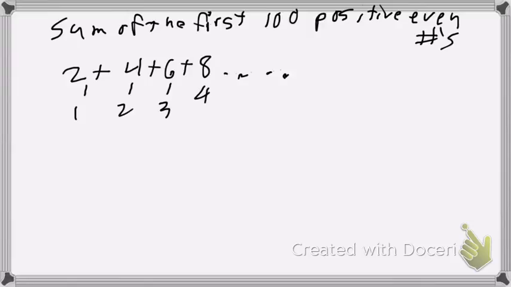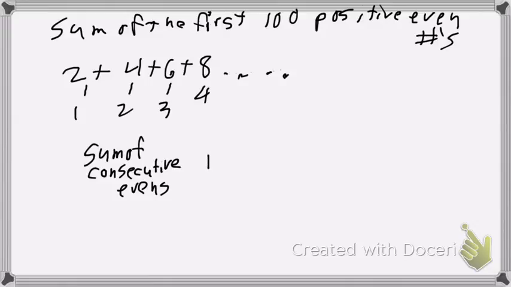So how do we figure out what the 100th one is? Well, at the beginning of class, when we were going through this, we realized that the sum of consecutive evens looks like this: n times n plus 1.